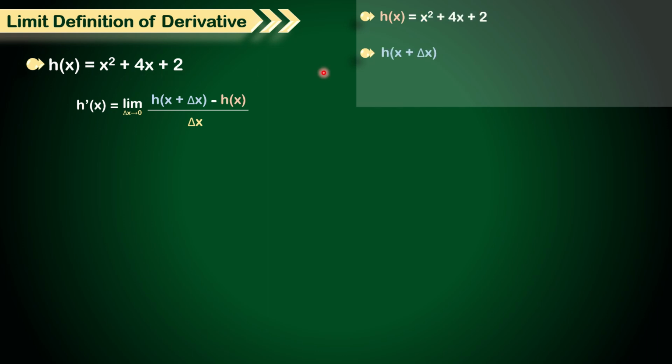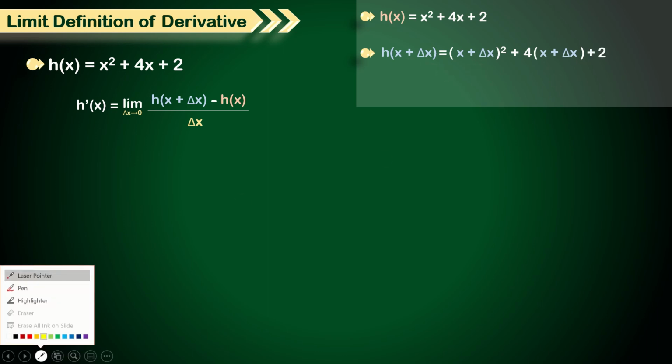h of x plus delta x is equal to the square of x plus delta x plus the product of 4 and x plus delta x plus 2. Expand.